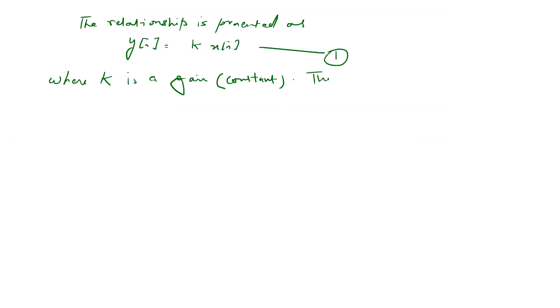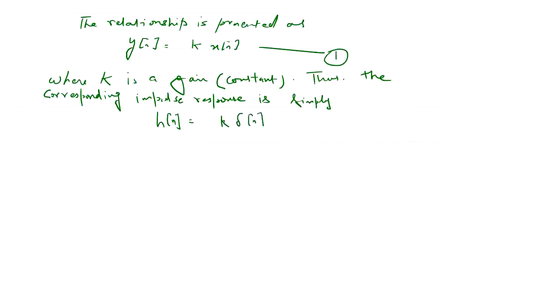Thus the corresponding impulse response is simply h[n] equals k times delta[n].